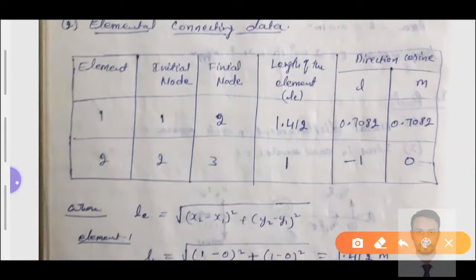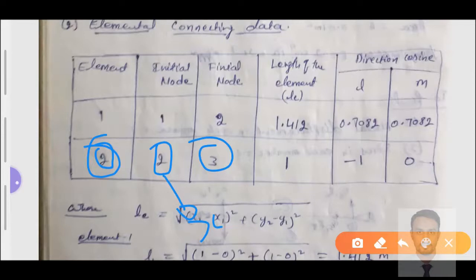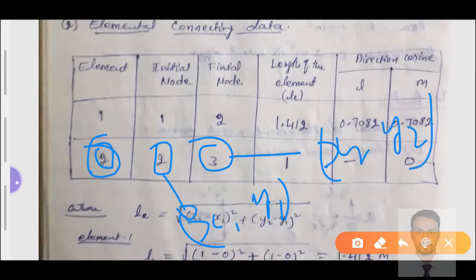The initial node of element number 2 is x1, y1, and x2, y2 for this element is at node number 3. At node number 2 it is x1, y1 for this element, and at node number 3 x2, y2 for element number 2.